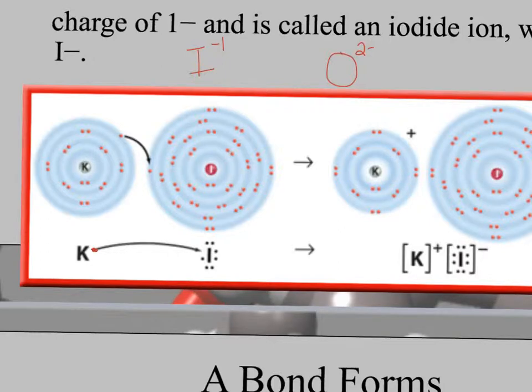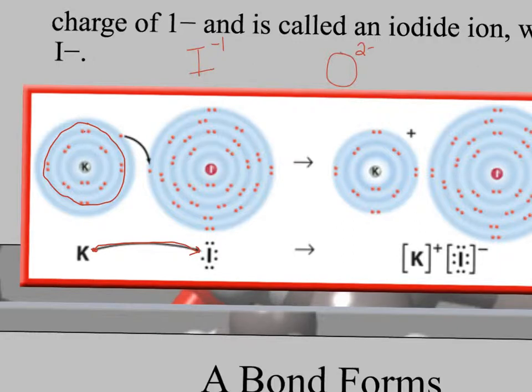It's going to be willing to lose it because then its third level is full. It's got 8. And so if something comes around and takes that electron, that's good news for potassium because it has a full outer shell. So when potassium and iodine come in contact, the iodine is going to pull that electron away. It's going to steal it from potassium, and potassium's like, I didn't want it anyway. Joke's on you.